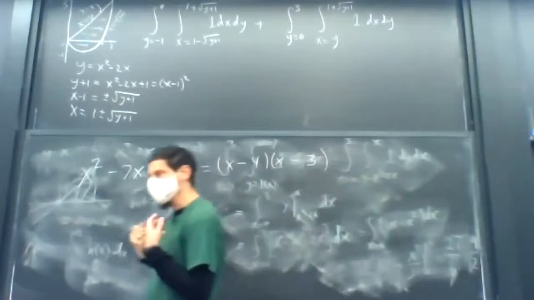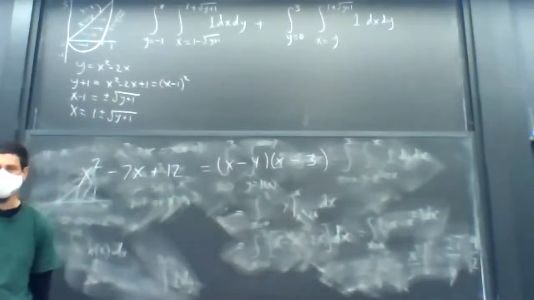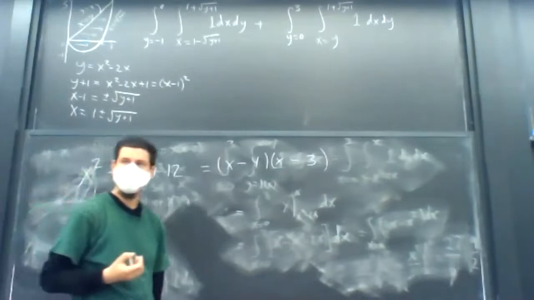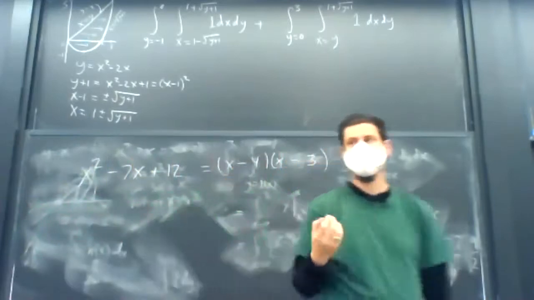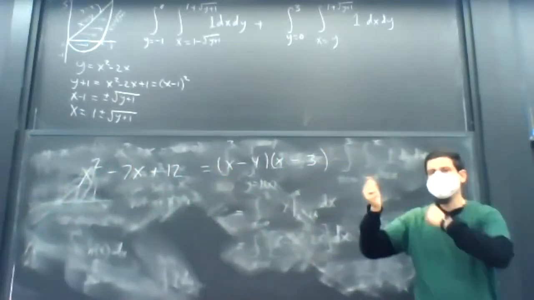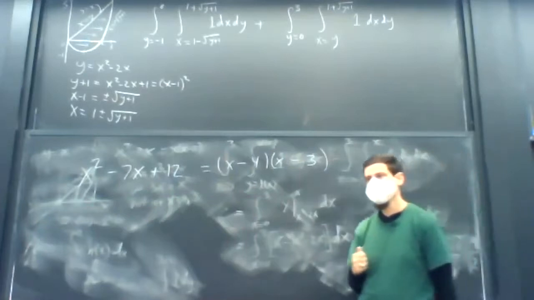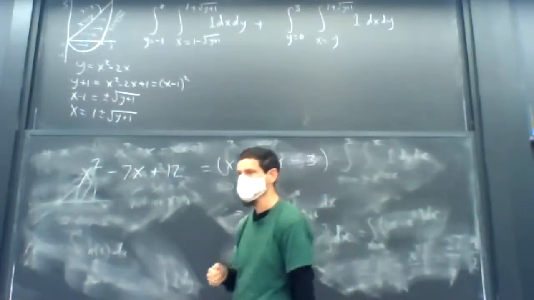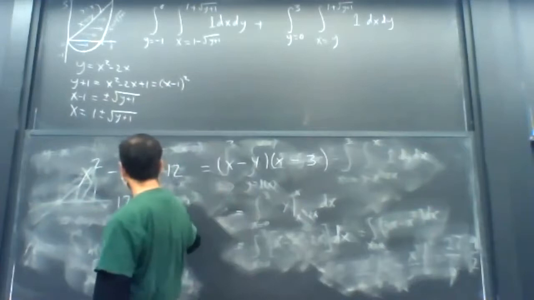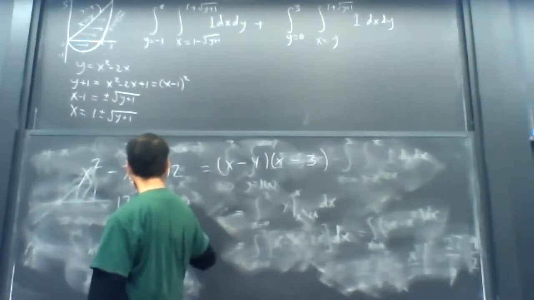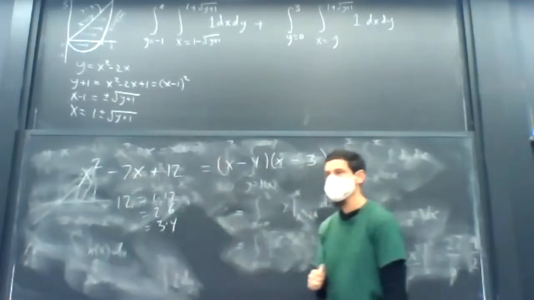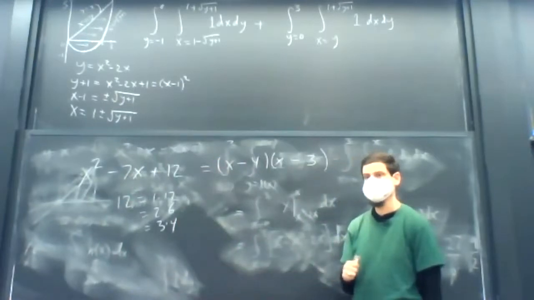So for some parabolas, if you can just look at it quickly and see the roots, then you can just factor it. It's a little bit of an art form to just see how to break up the numbers in my mind. Worst case, you can start going through the possibilities. Well, I can write 12 as 1 times 12, as 2 times 6, as 3 times 4. And that will give me the different possibilities.